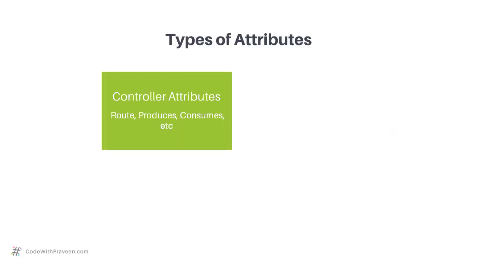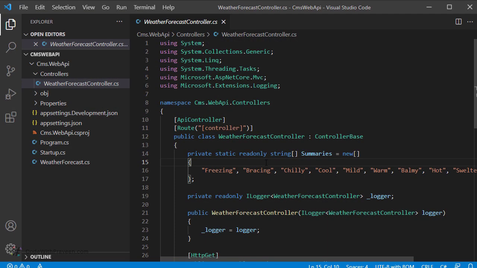Some of the common attributes used with the controller classes are API controller, route, etc. API controller attribute is applied for all controllers that are related to Web API. This is the most powerful attribute when working with Web API projects. In fact, a separate lecture is dedicated and created to cover the role played by the API controller attribute.